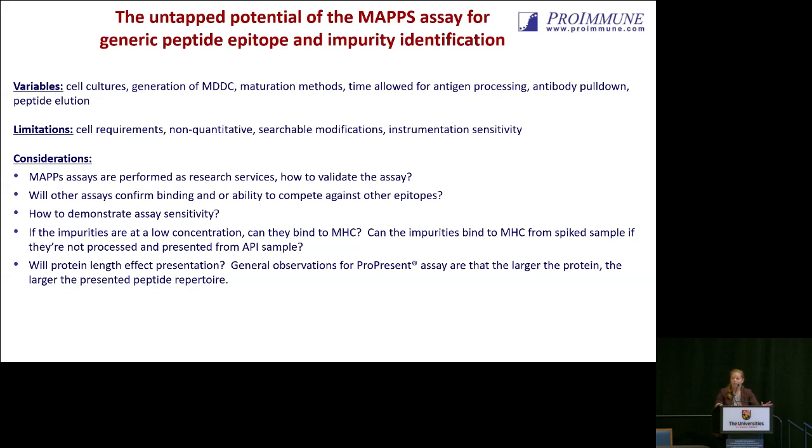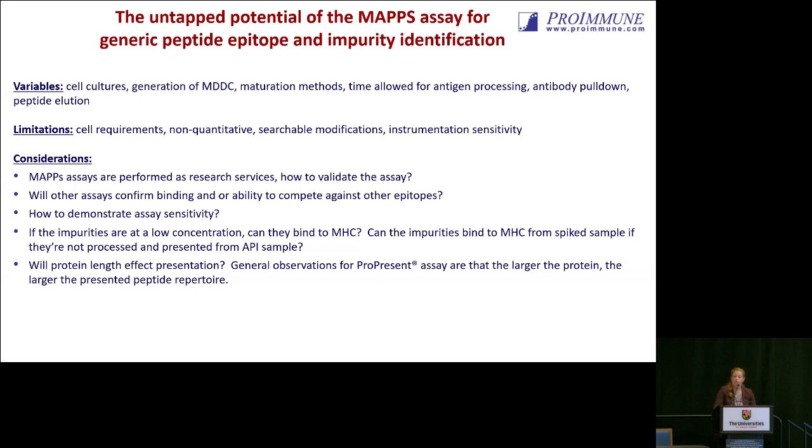The MAPS assay is a research service. It's performed as a research assay. So we need to think about how we would go about validating this assay, as well as demonstrating the sensitivity of MAPS. Should it be used in combination with other assays like physical binding assays to look at either the MHC restriction or competition against other epitopes?